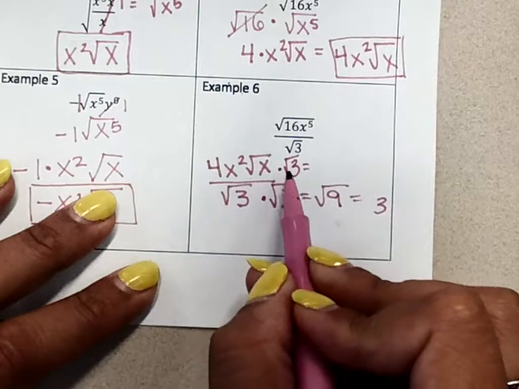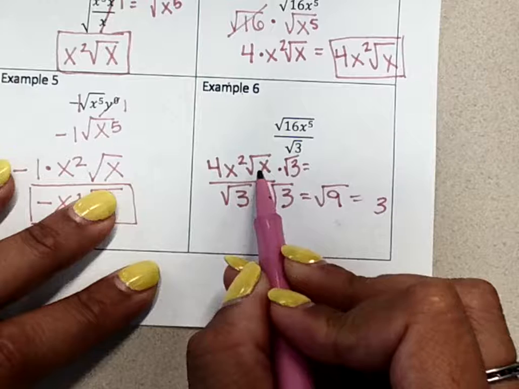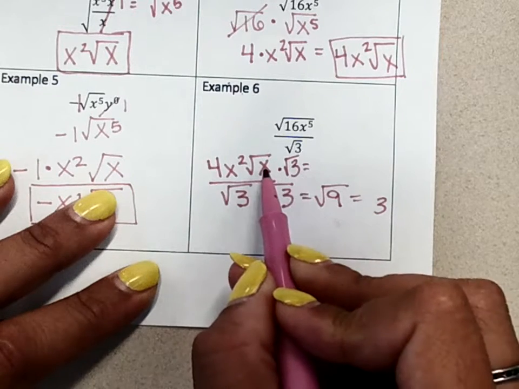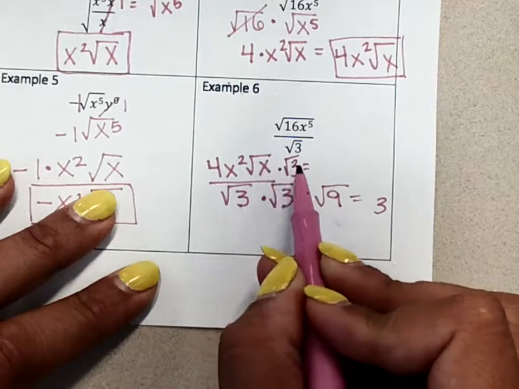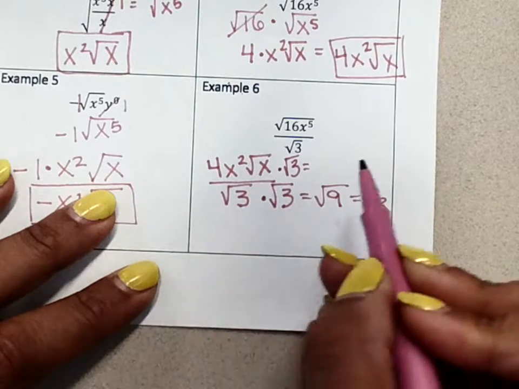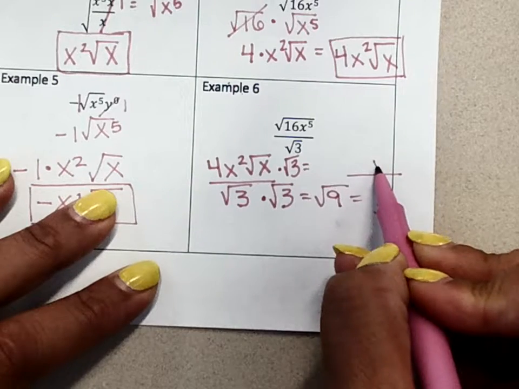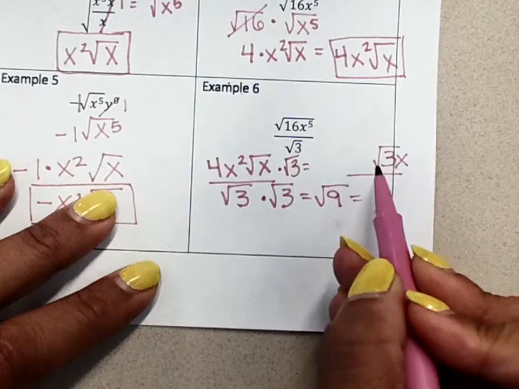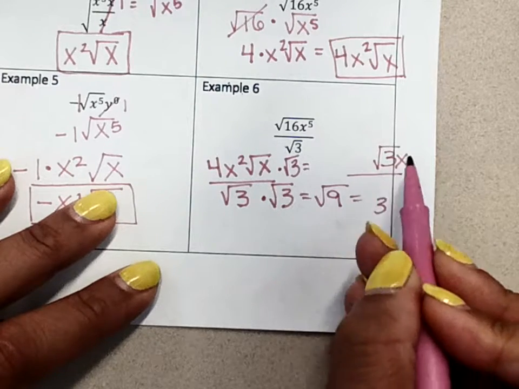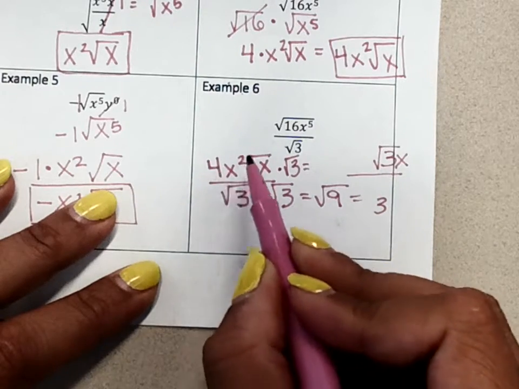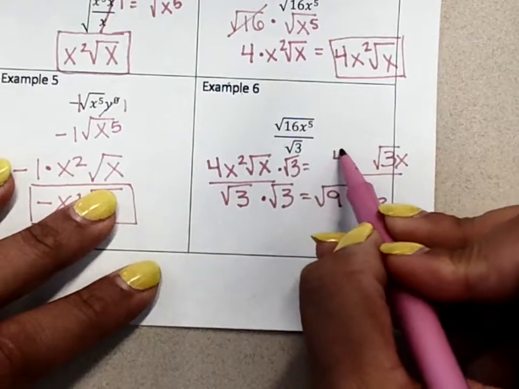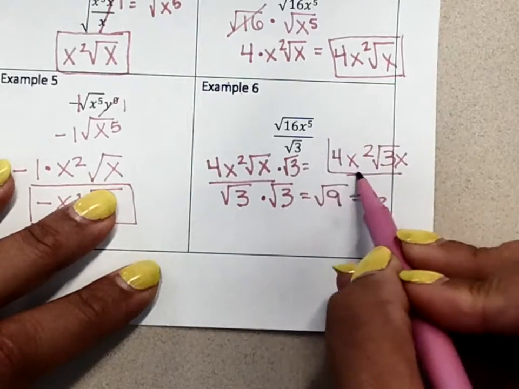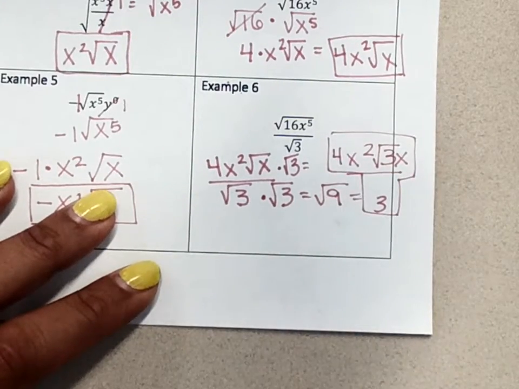We know that the square root of 3 can only be multiplied to x because they're both inside of square roots. 3 times x isn't going to become anything new, so I'm just going to put them next to each other. This still means that they're being multiplied, so we just put them next to each other, and the coefficient of this will just be 4x squared. And that is the most simplified form of this radical.